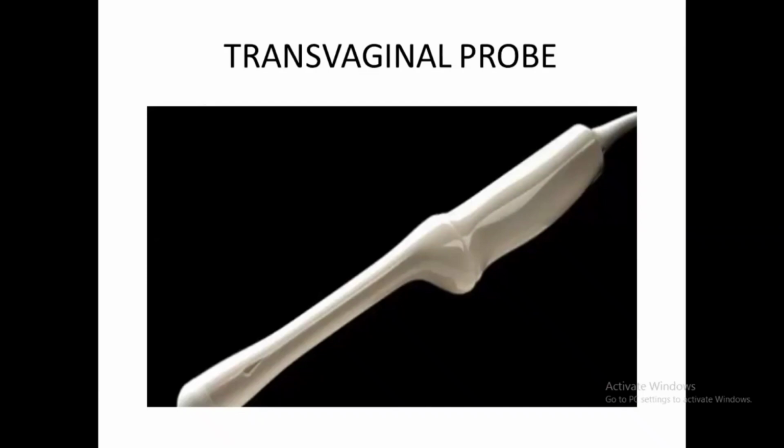You can study all the female reproductive parts like ovaries and fallopian tubes. Then you can see the vulva, vagina, and you can analyze the total amount of follicles, and any issues related to the female reproductive system.